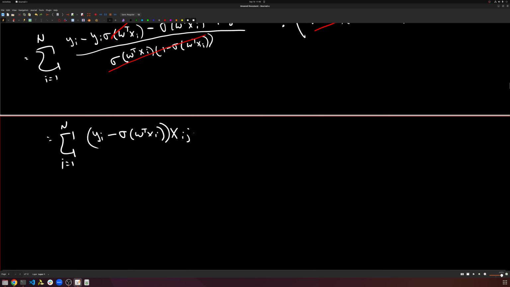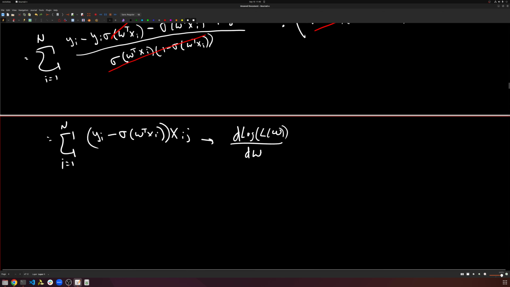So this is again the d log likelihood of some w dw, right? And our goal is we want to maximize this. We want to maximize this likelihood.